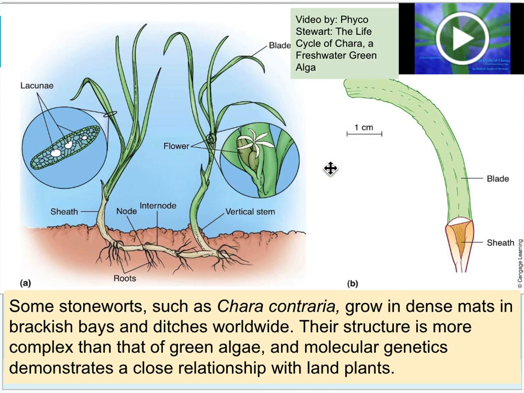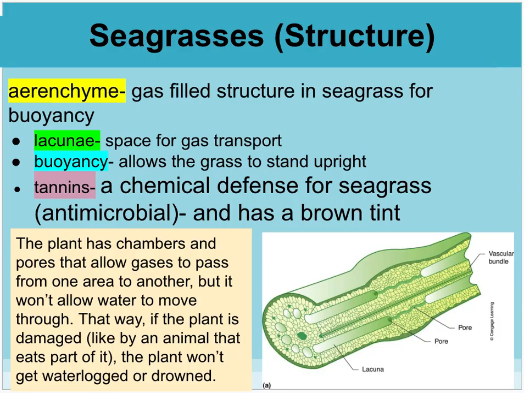Here's a video by Fico Stewart, The Life Cycle of Chara, a freshwater green algae. This is how the freshwater relative reproduces, but the ocean relative is pretty similar, which is why I included that video there.